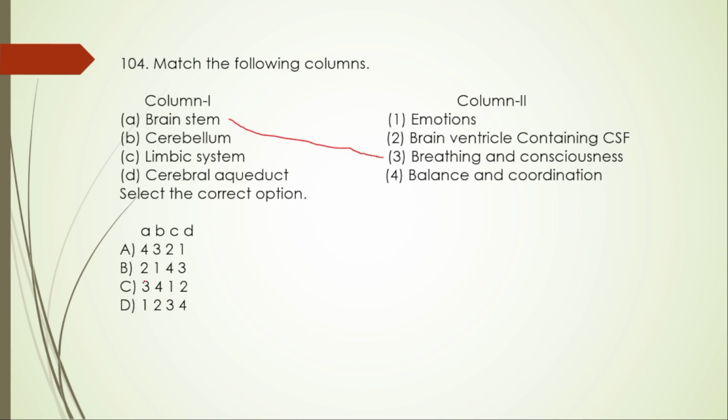A is 3, so the right option will be option C. Cerebellum is for balance and coordination. So B is 4. And then limbic system is for emotions. Cerebral aqueduct is for brain ventricle containing CSF.